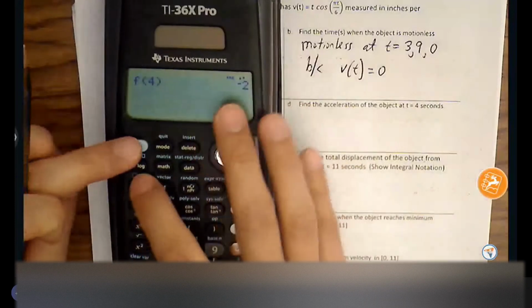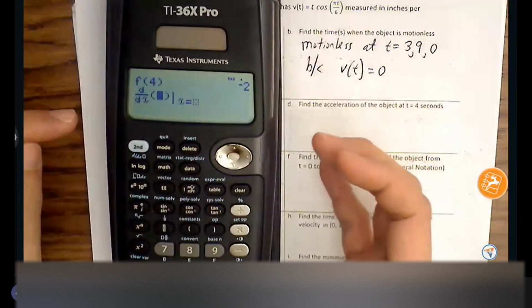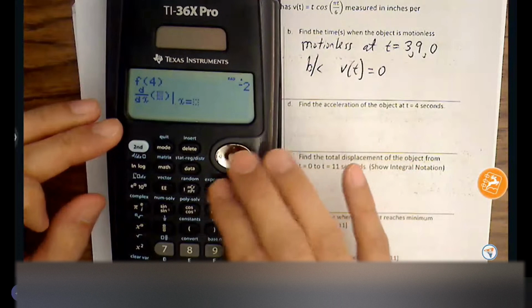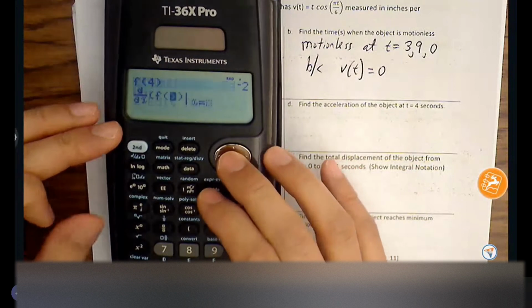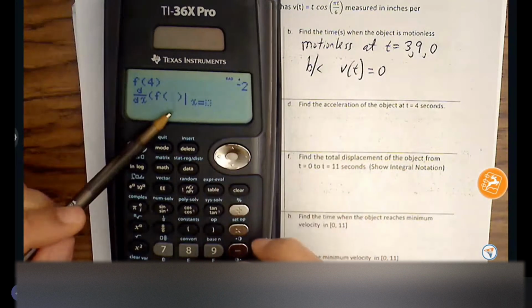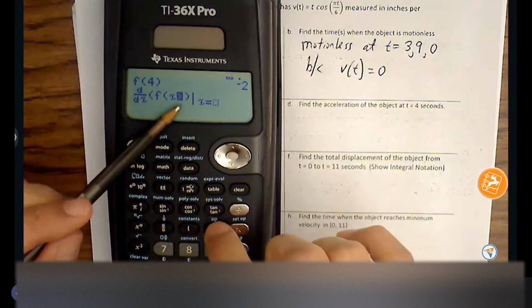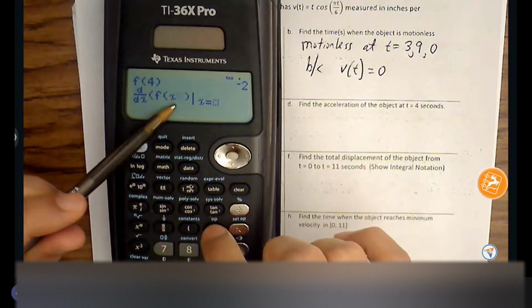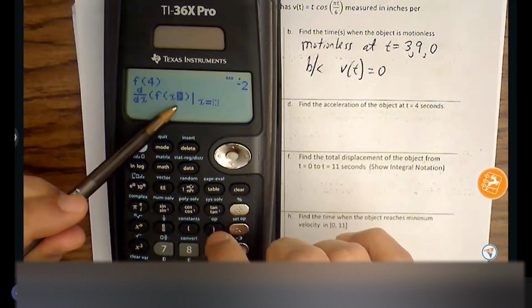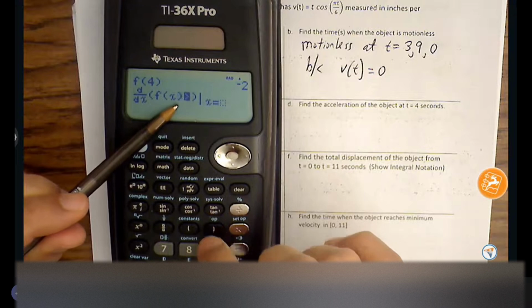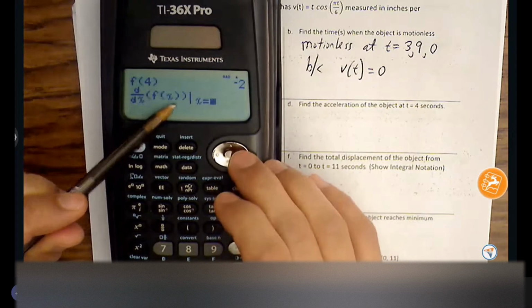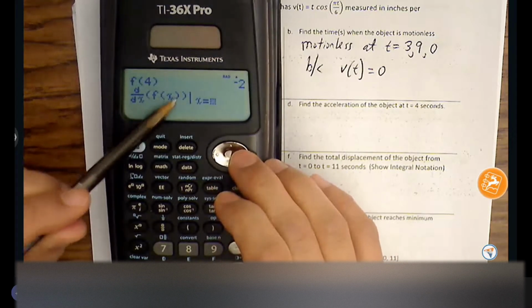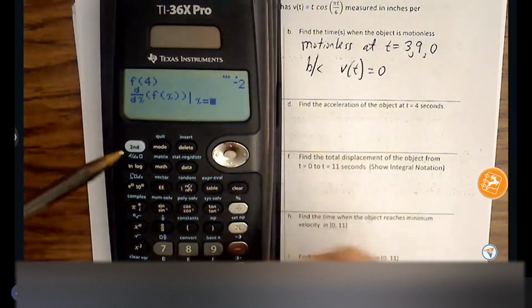Same thing here. Use the derivative feature, call the function. Now, when you do f of x, make sure that you're closing your set of parentheses here. That's something subtle that will complain if you don't close the parentheses. So you've got to close the x, and so two sets of parentheses.